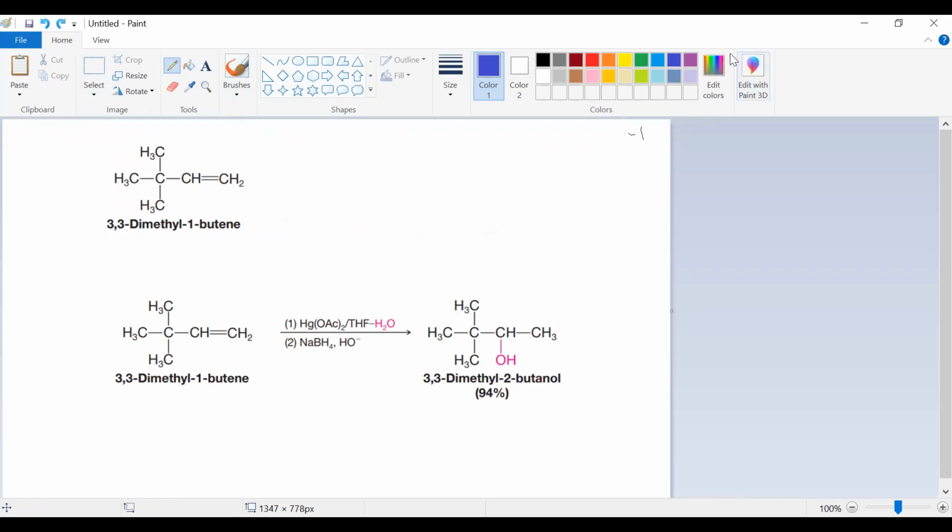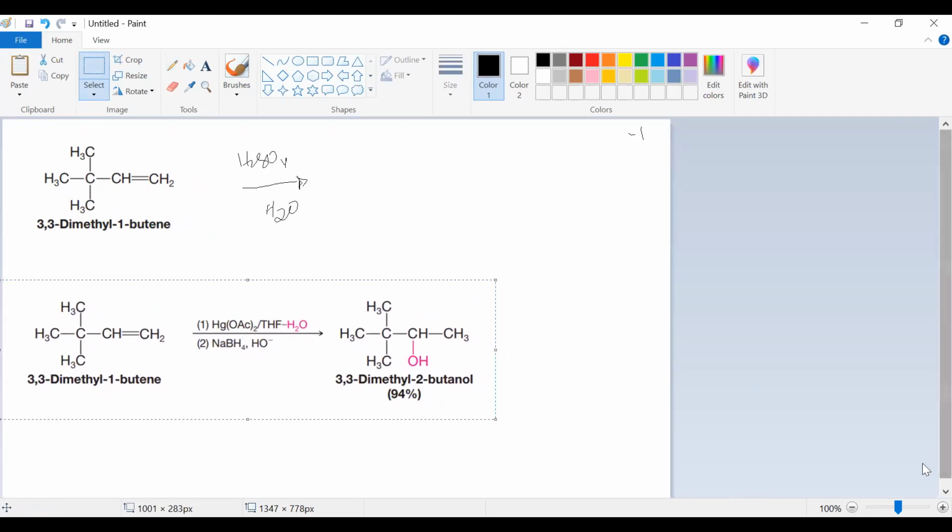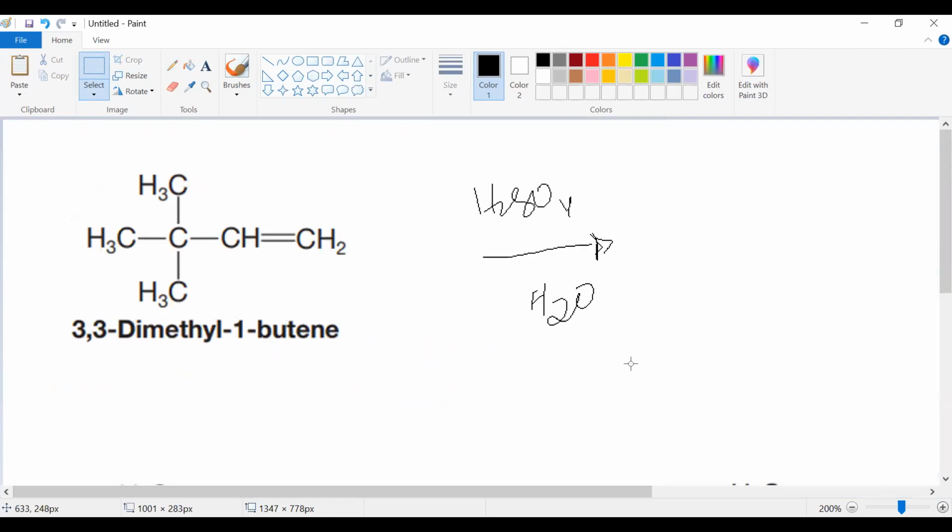If our reactant is simply water and an acid, let's say H2SO4 and water, as our catalyst, the first step will always be the protonation reaction. What you will get is this. It will protonate.